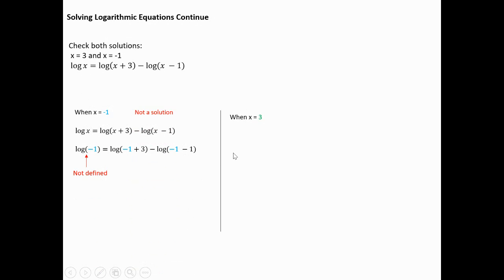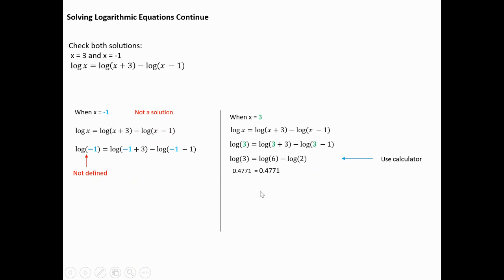Now, if you plug in 3, I'm going to plug in 3 for the x's on the left, and also on the right for the x plus 3 and for the x minus 1. So 3 plus 3 is going to give us log of 6 minus log of 2. If you put that in the calculator, it is going to be equal. But you can also do it without a calculator.